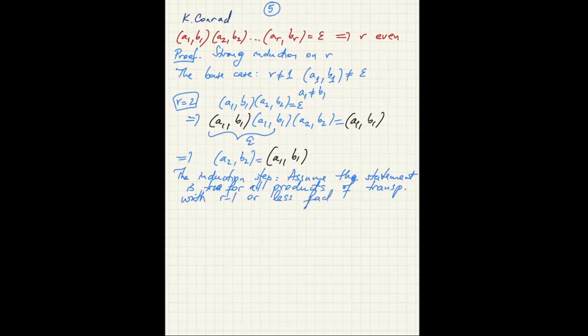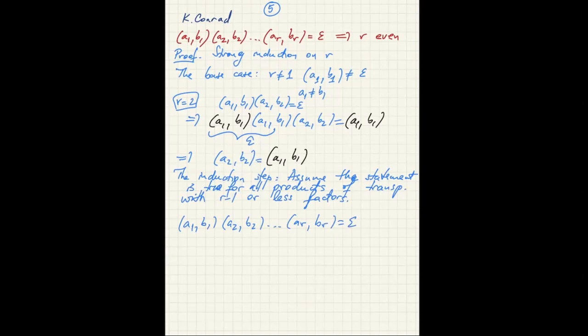So whenever we have R minus 1 or fewer factors and their product equals the identity, then the number of factors in that product must be even. And now let's say we have our situation: A1 B1 A2 B2 ... AR BR equals the identity.